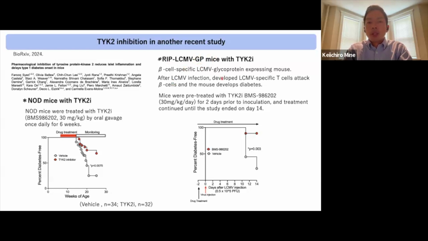These mice express LCM virus glycoprotein in beta cells, and after LCM virus challenge, develop LCM virus-specific T cells that attack beta cells. The authors show that TYK2 inhibitor treatment prevented diabetes development in this virus-induced autoimmune diabetes model.